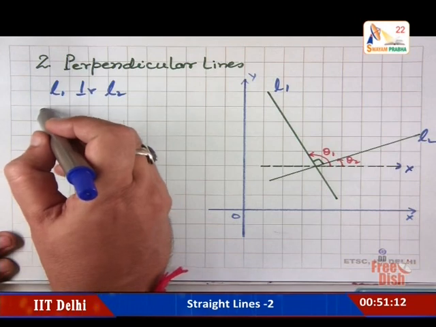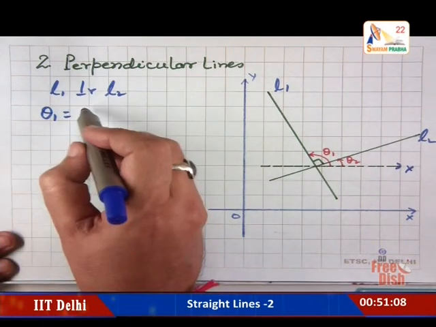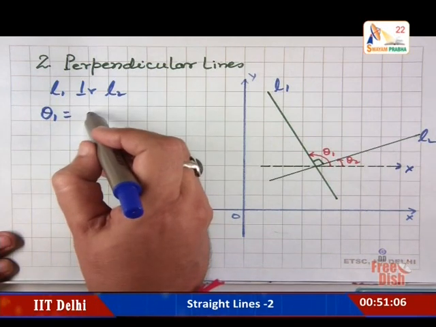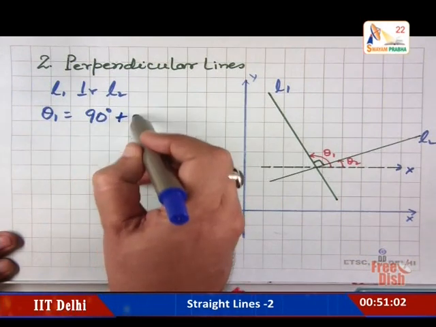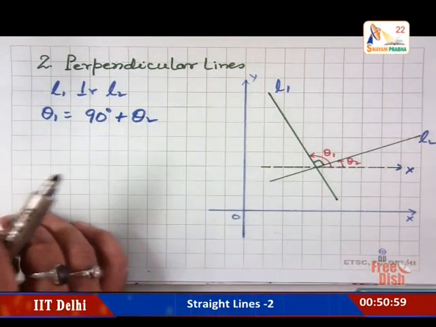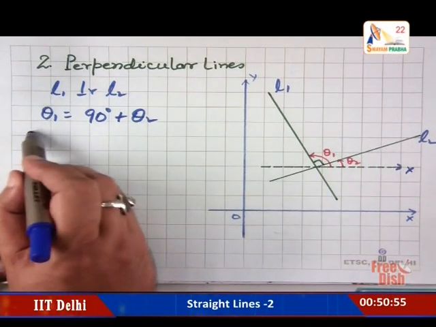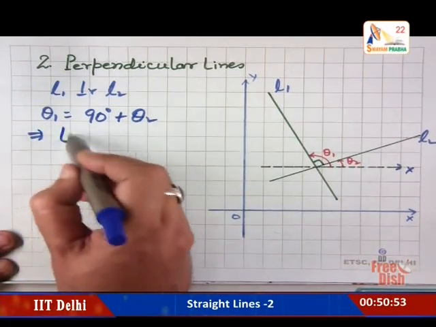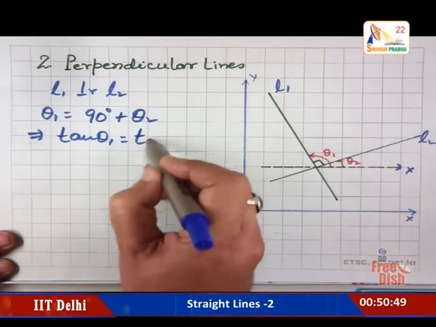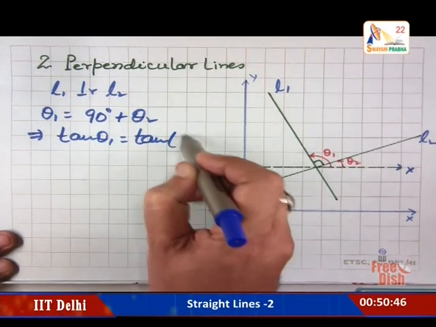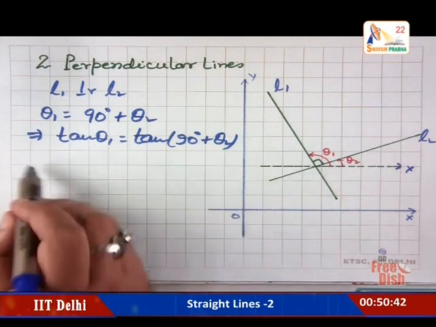Theta 1 is equal to what? Theta 1 is equal to, we can say, 90 degree plus theta 2. This implies tan theta 1 is equal to tan 90 degree plus theta 2.